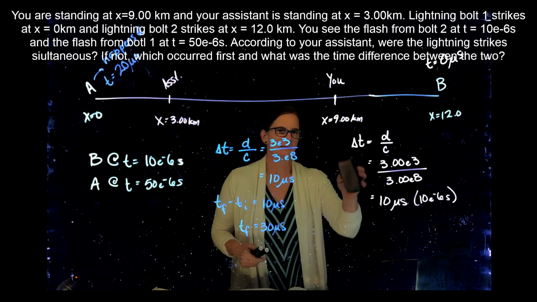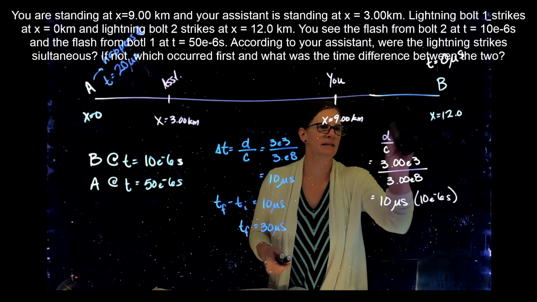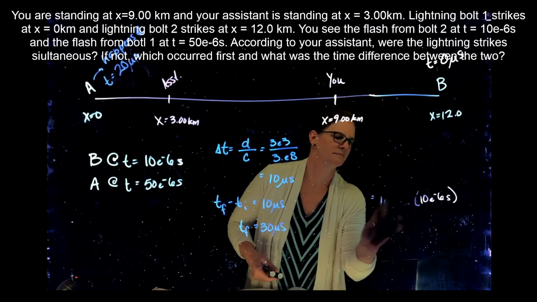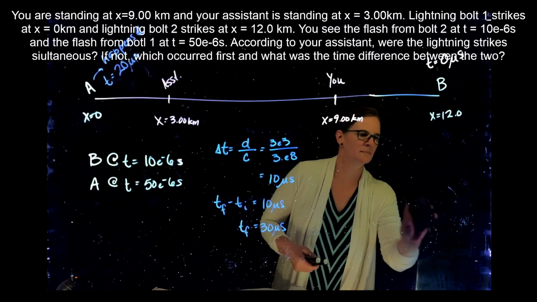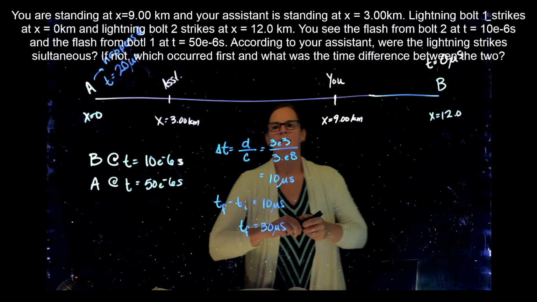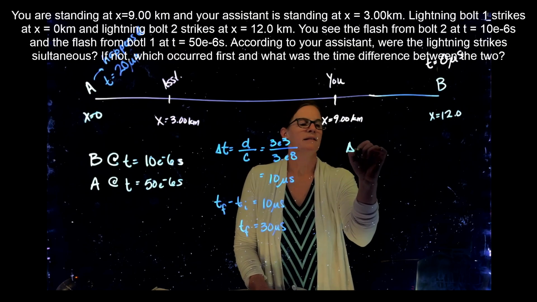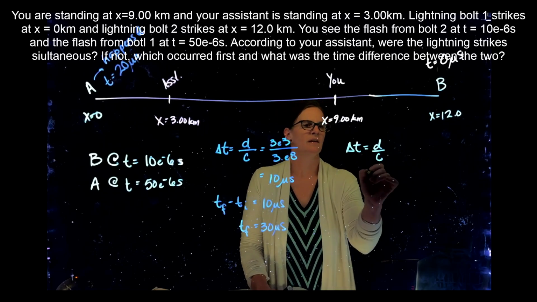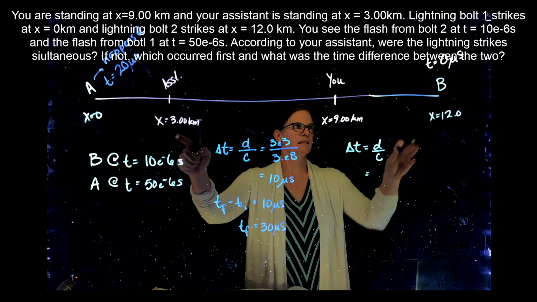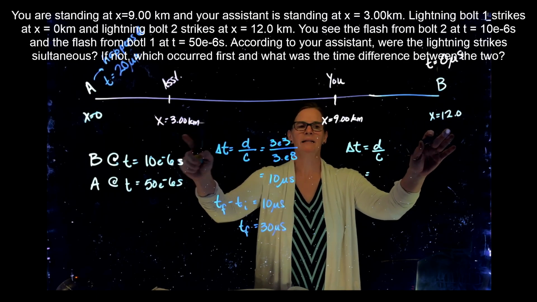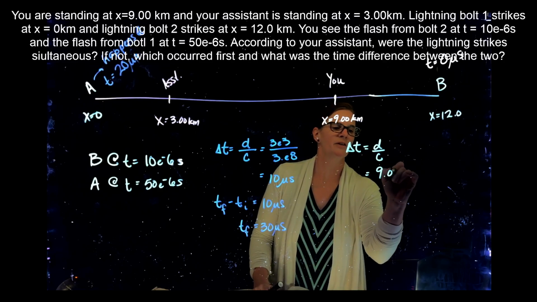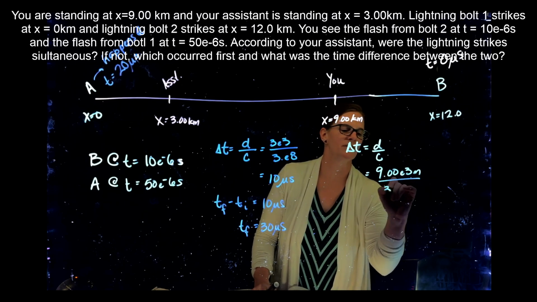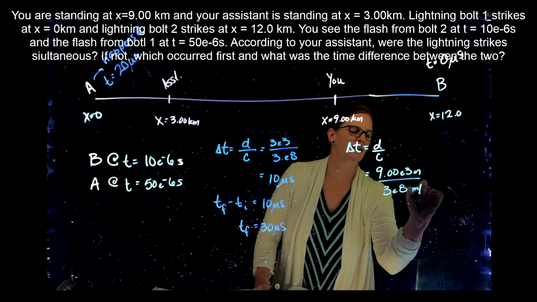What about B? Well, we can use the same principle. Delta T is equal to the distance over the speed of light. The distance that the assistant is from lightning strike B is 9 kilometers, so 9 times 10 to the third meters. And of course, light travels at 3 times 10 to the eighth meters per second.